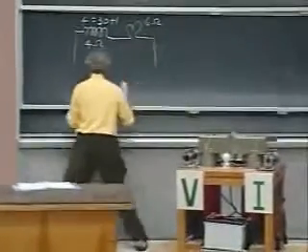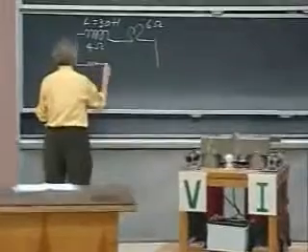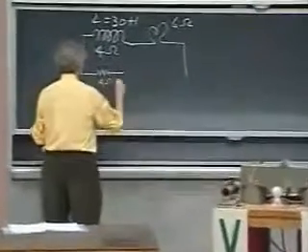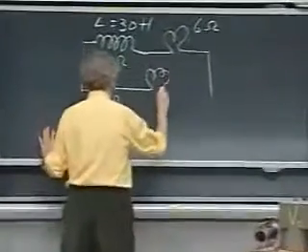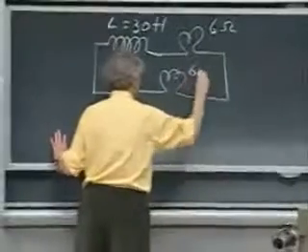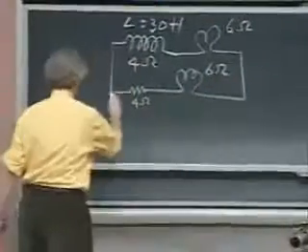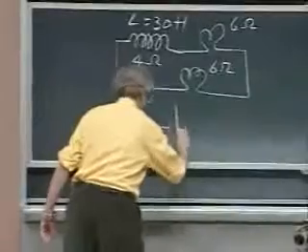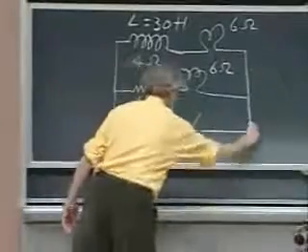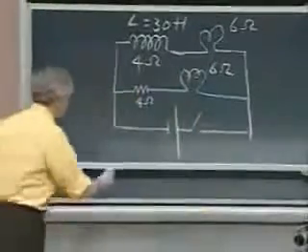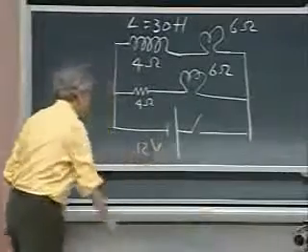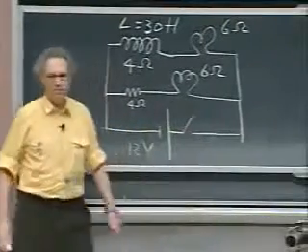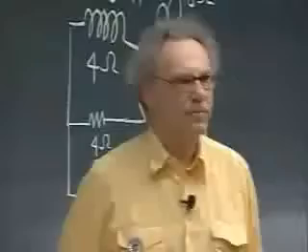I have here another resistance of 4 ohms and a light bulb, which is the same one as that one, also 6 ohms. And then here is my car battery, plus a switch. And the car battery is 12 volts. And I'm going to throw the switch, turn it on.